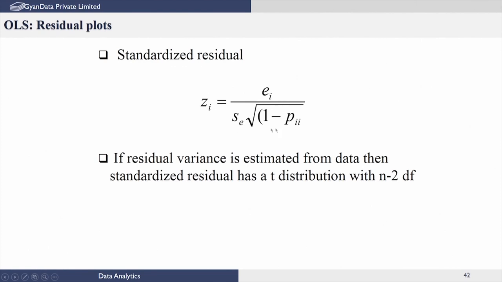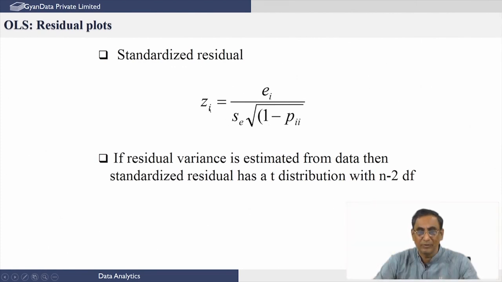All of this can be computed from the data, and therefore you get for each sample a standardized residual after performing the linear fit, which is given by this quantity. Now, you can also show that this particular quantity, the standardized residual, will have a t distribution with n minus 2 degrees of freedom. These statistical properties allow you to now perform tests on the residuals, which is what we will use.